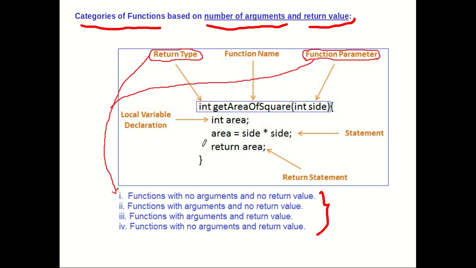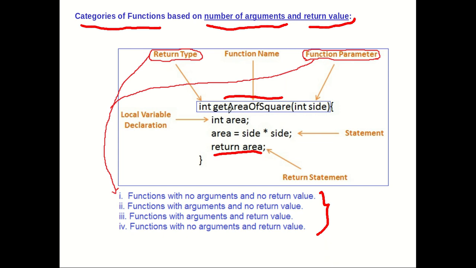This is a function body which finds the area of a square. This is the name of the function, and this function is accepting one parameter, and after performing the operation this function is returning the area of the square.